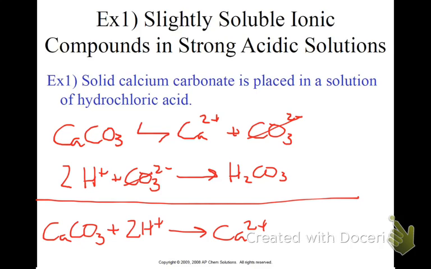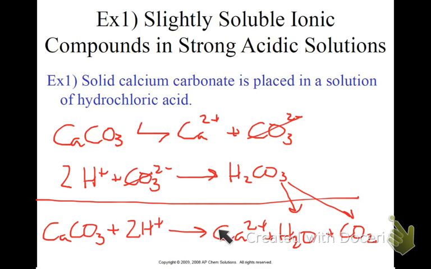But remember, when H2CO3 is created, it decomposes into H2O and CO2. Just something you've got to remember, that's what it decomposes into. So this would be the correctly written net ionic equation if this was a question on the AP test, question number 4. This is what you would want to record.